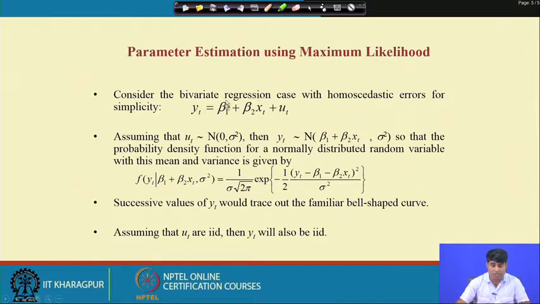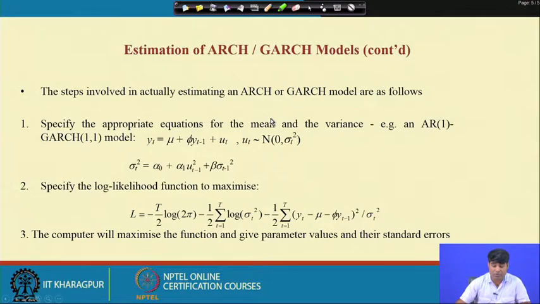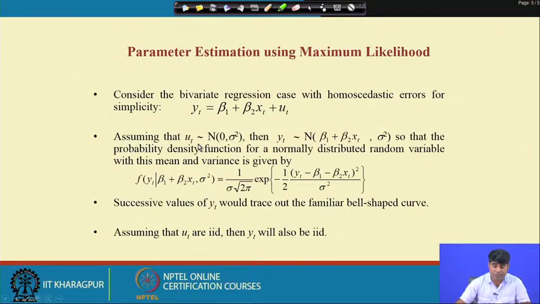This is another kind of structure where we are connecting the bivariate regression, y t as a function of x t. If you compare with the previous one, it was y t as a function of y t minus 1, and here y t depends upon another independent variable.